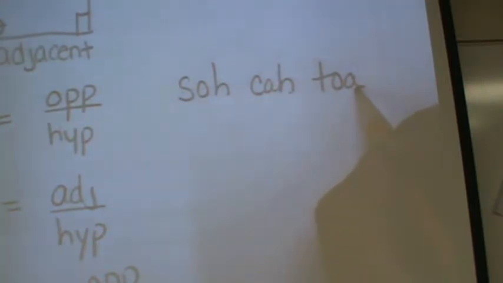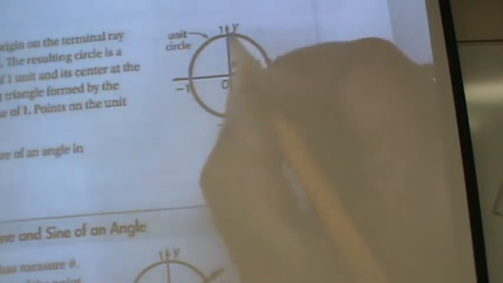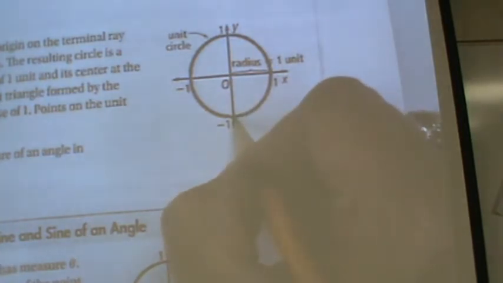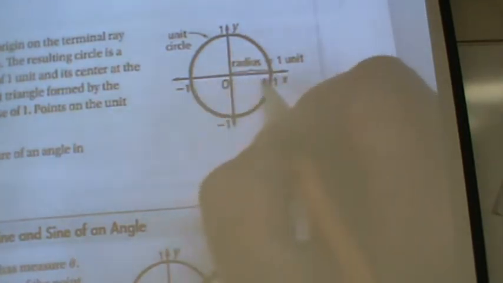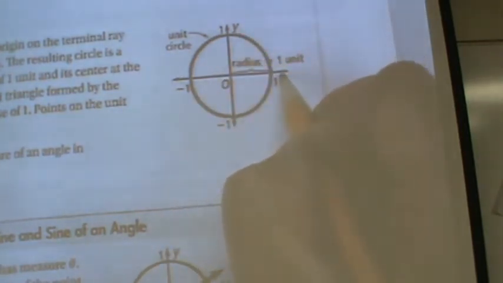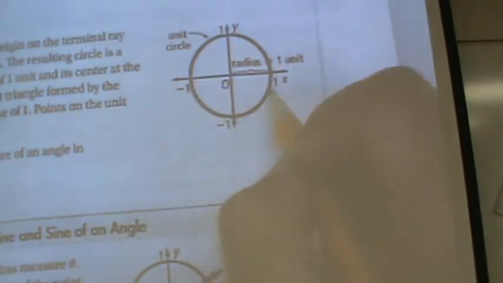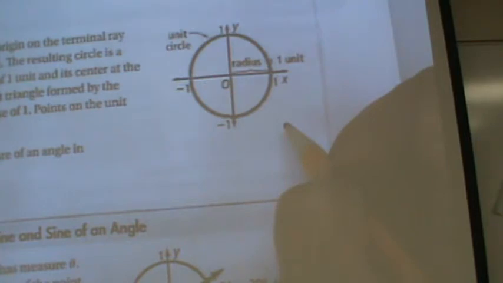Okay, so now, back to this unit circle right here. Everyone remember that this is 1, 0, this is 0, 1, this is negative 1, 0, and 0, negative 1, and you should also know the angle measures. This is 0 degrees, this is 90, 180, 270, 360, right?